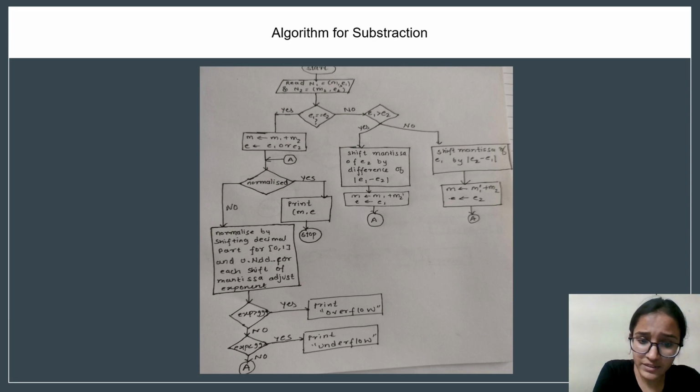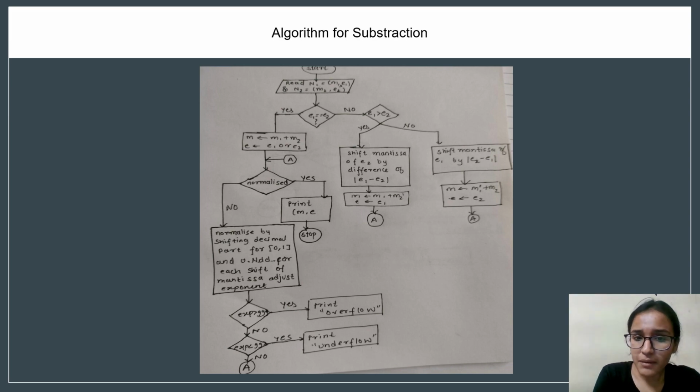If not, we will check whether the exponent part is less than minus 99. If yes, we will print underflow, and if no, we will go back to A and check again whether it's normalized or not. If it's normalized, we will print the values, and if it's not, we will normalize it again. So this will be a repeated process after adding the mantissas.